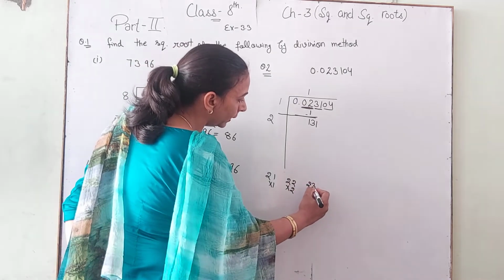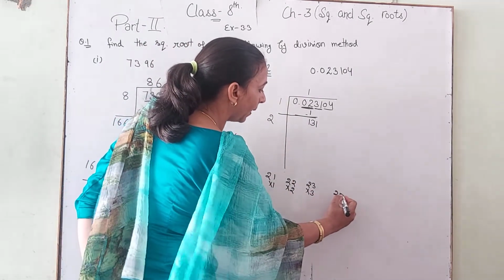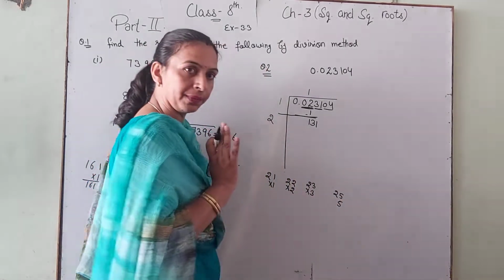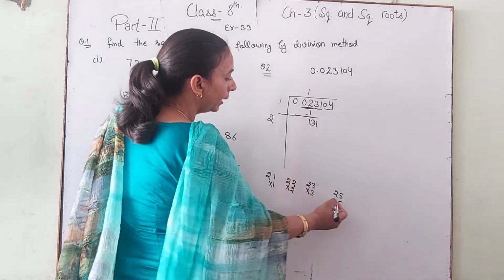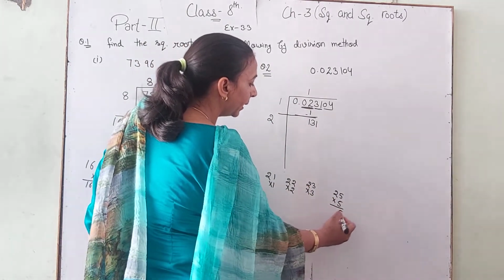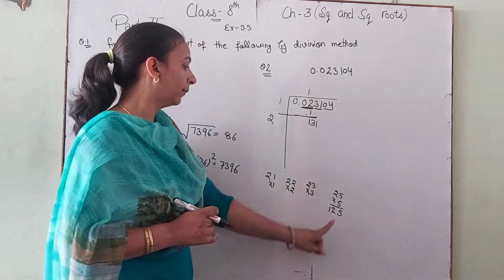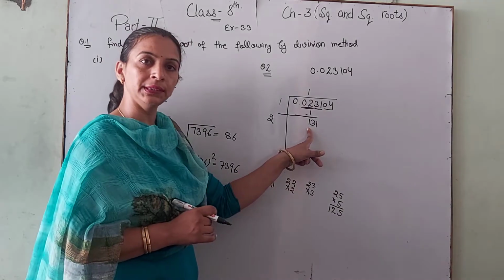If we take 23, we multiply with 3. If we take 25, we multiply with 5. 5 5s are 25, 5 2s are 10 and 2 makes 12, and 1 is 125, which is less than 131.